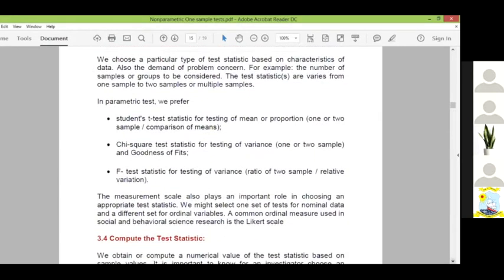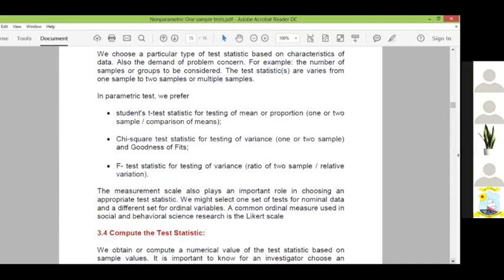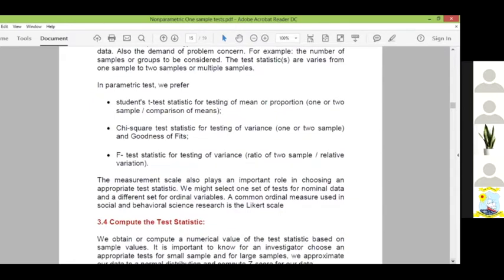The measurement scale also plays an important role in choosing an appropriate test statistic. We might select one set of tests for nominal data and a different set for ordinal variables. A common ordinal measure used in social and behavioral science research is the Likert scale.